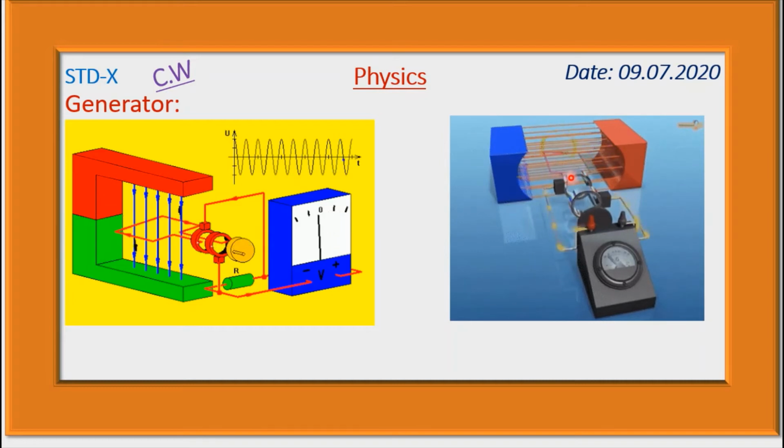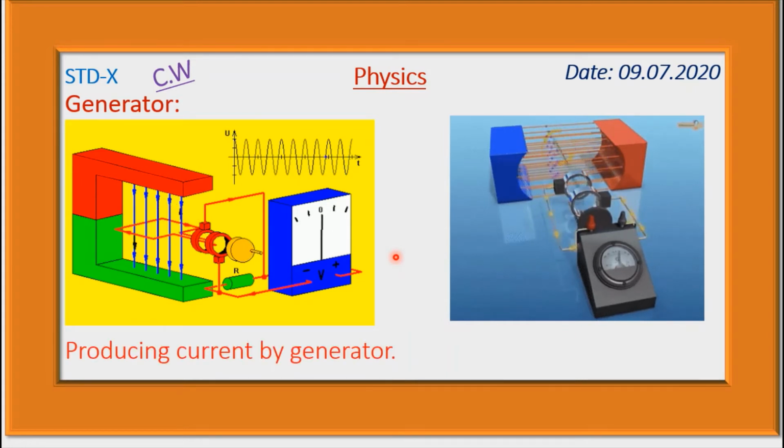When the coil is rotated inside a magnetic field, the magnetic flux through this coil is changing continuously. As the magnetic flux is changing continuously, a continuous flow of current is obtained from this coil. This is the main principle of a generator, producing current.